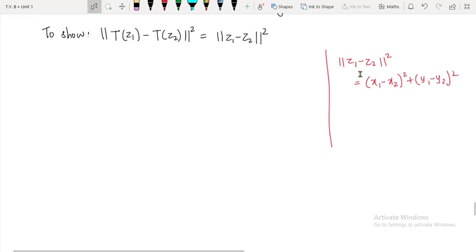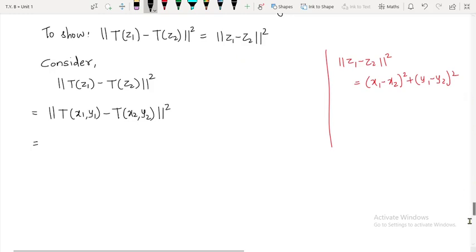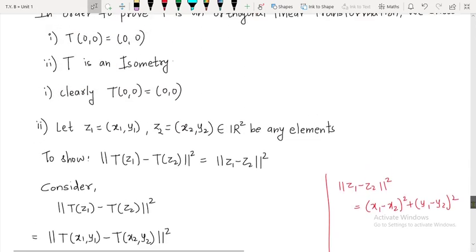Once we reach here, we will get our right hand side. So I'll say consider norm of T of Z1 minus T of Z2 square. Now put the values of Z1 and Z2, so it will be norm of T of (X1, Y1) minus T of (X2, Y2) whole square, which is further equal to, now what is my T of (X, Y)?